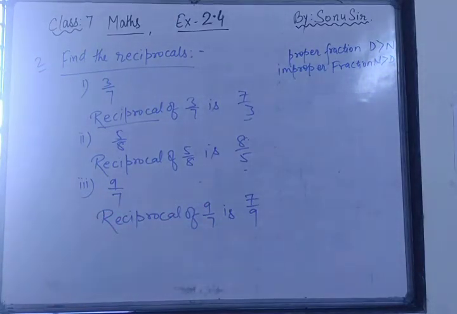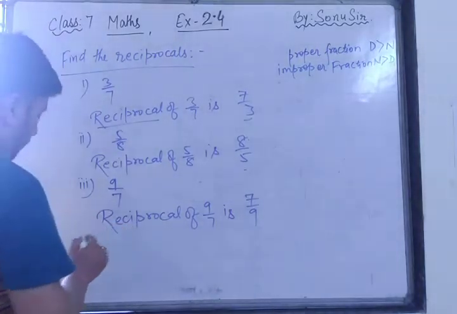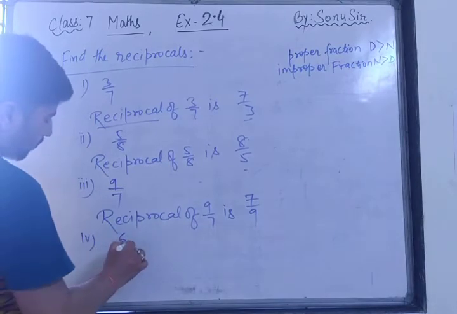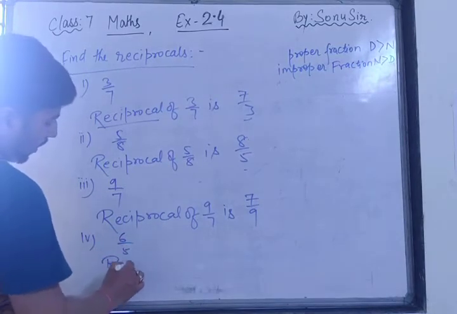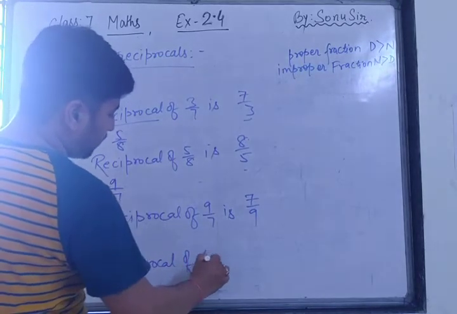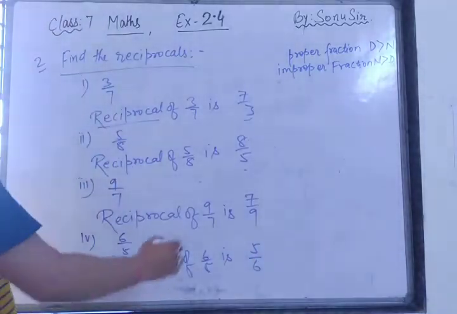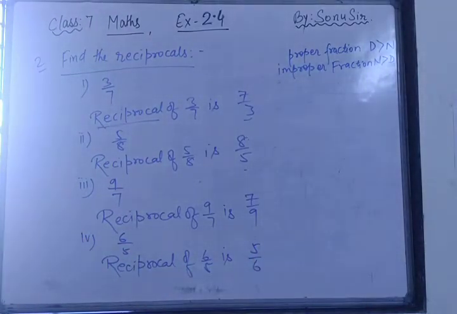Now the question number 4. 6 by 5. Can you tell me what will be the reciprocal of 6 by 5? The reciprocal of 6 by 5 is 5 by 6. Why? 6 by 5, here the numerator is greater, means improper fraction.